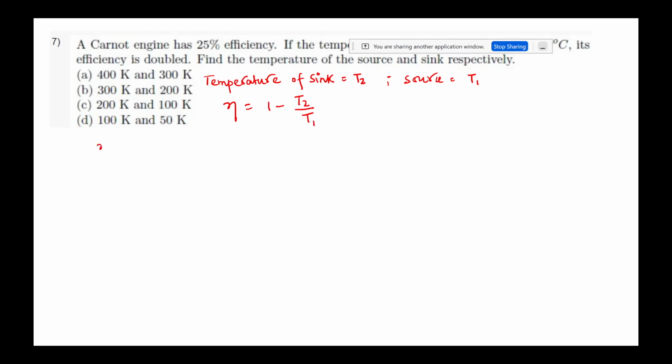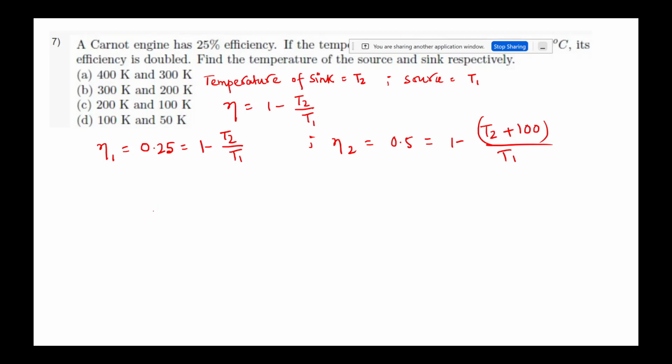For first case, eta 1 is 0.25, that is 1 minus T2 by T1, and the second case eta 2 is doubled, that means 0.5, that is 1 minus (T2 minus 100) divided by T1.